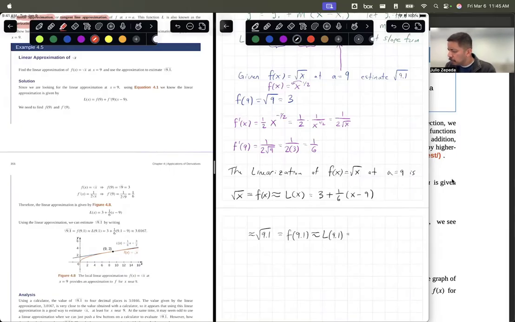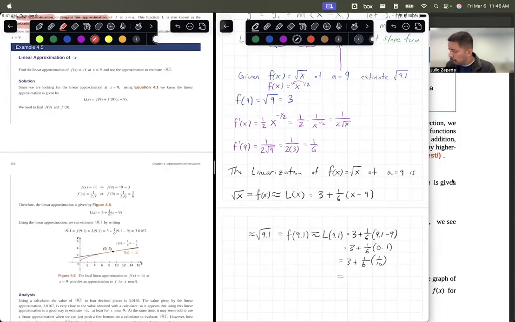So this is equal to 3 plus 1/6 times 9.1 minus 9. And so this is 3 plus 1/6 times 0.1. And so let's walk through this here. The 0.1, we know that that's 1 in the tenths place, so 1/10.